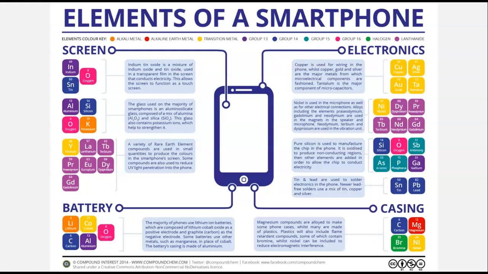In the casing, there's carbon and magnesium and bromine and nickel. In the battery, there's lithium and cobalt and carbon and aluminum and oxygen. And all of the things that we talked about have either electronics in them, a screen, a battery, something to hold the casing. All of these things are going to be mined from the earth in some way.